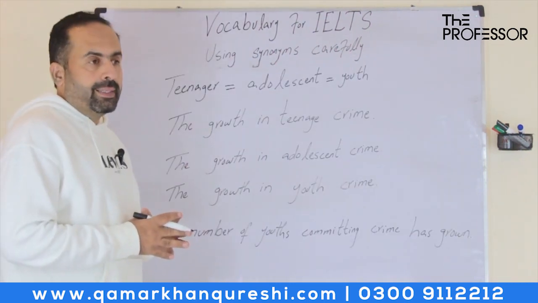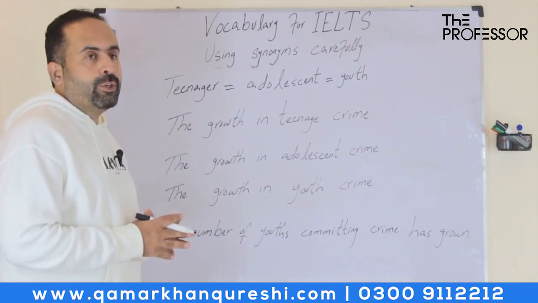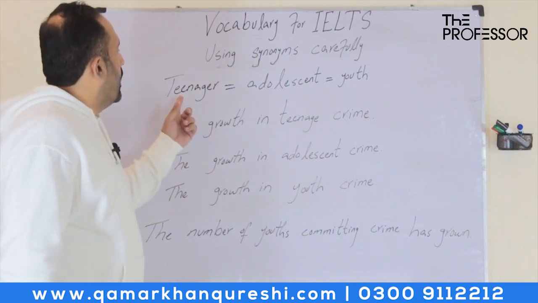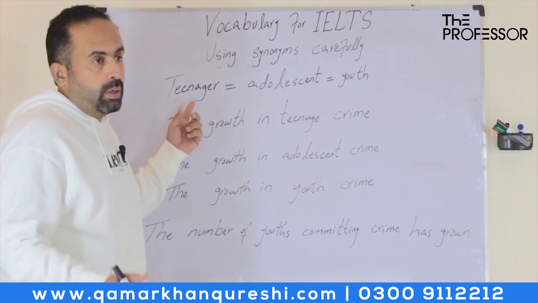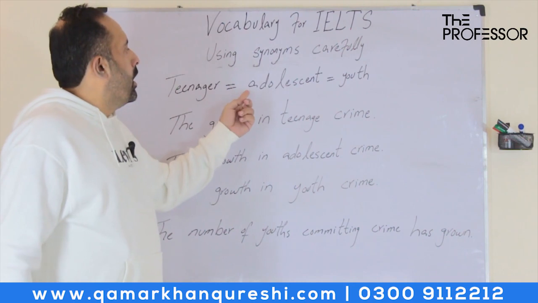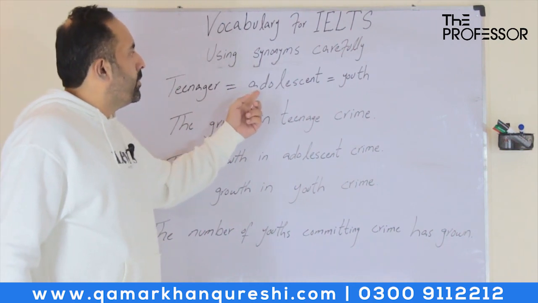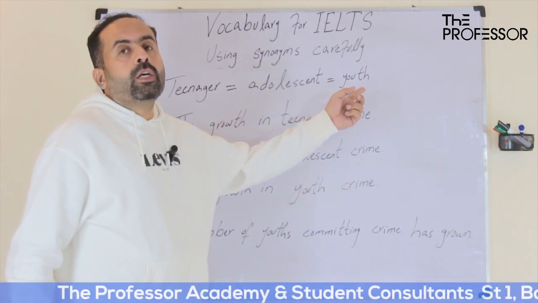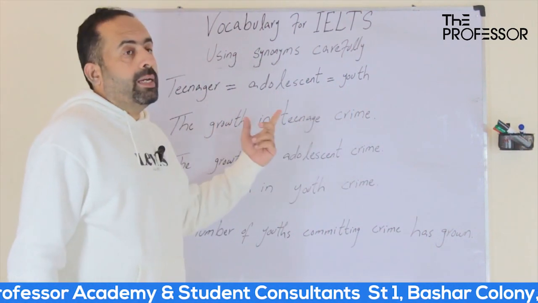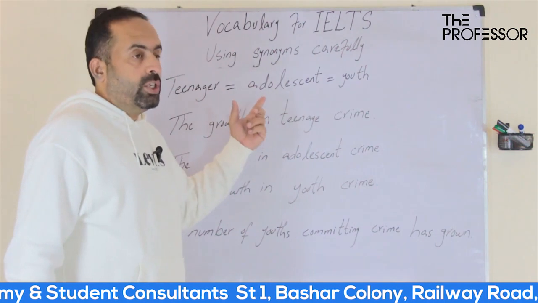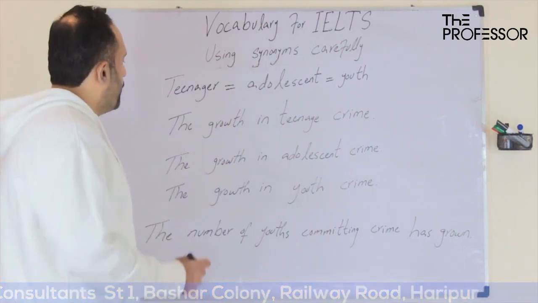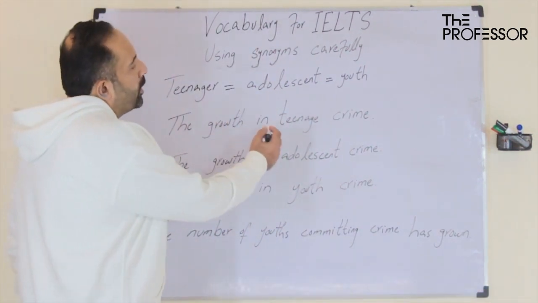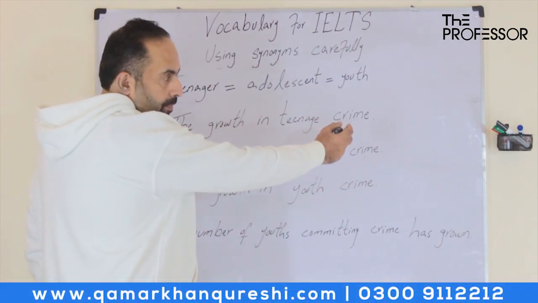Let's look at another word which we can use interchangeably. Teenager. You know who is a teenager. Another word for teenager is adolescent, or we can also call it youth. तो अभी हम देखते हैं कि how can we interchange these three words for each other. For example, the growth in teenage crime.